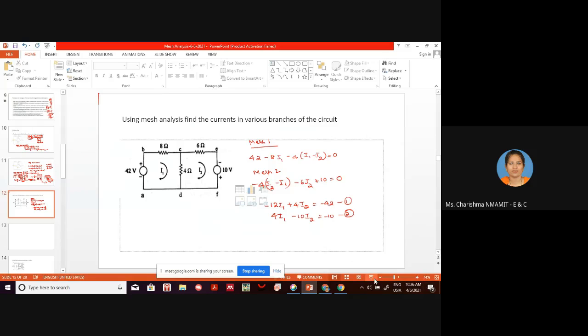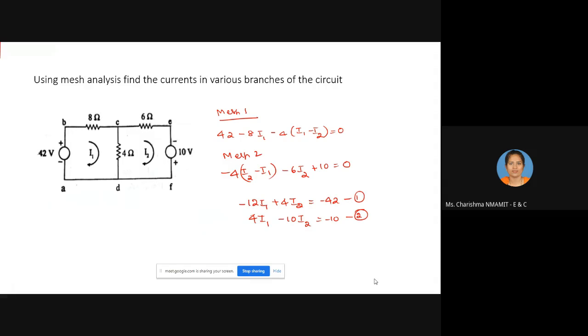See here, it is minus 4 into (I1 minus I2) because I have assumed the current in this direction. This is I2, so this is at higher potential, this is at lower potential. For this 4 ohm, I am moving according to the orientation of I2, so plus to minus 4.